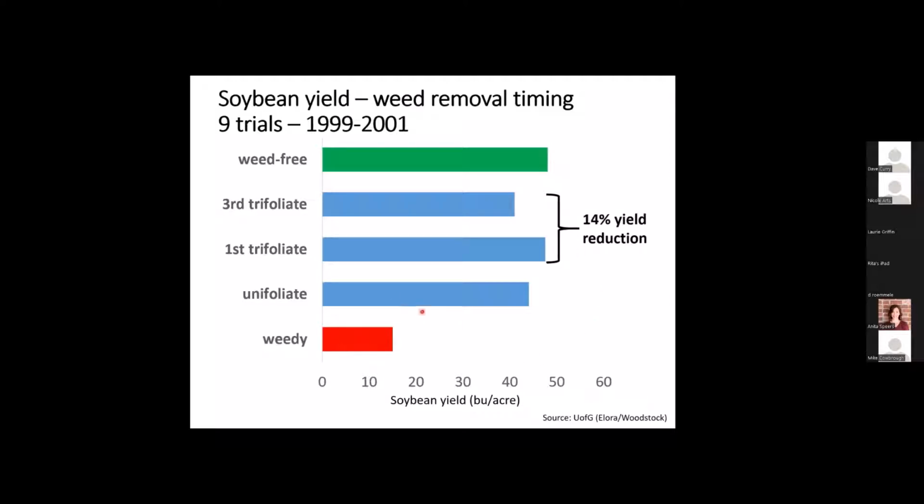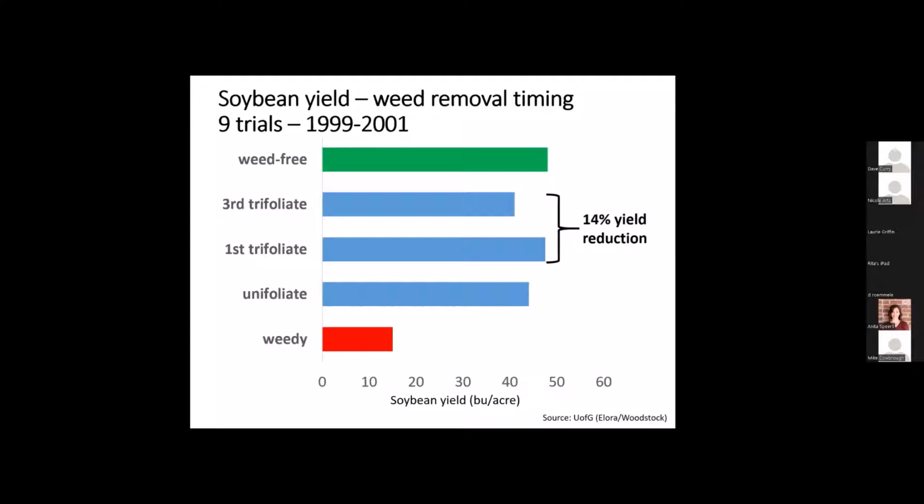But you'll notice that if we initiate control or weed removal at the first trifoliate stage, we are getting yields that are comparable to season-long weed control, right? But if we delay weed removal up until the end of that critical period, there's a 14% reduction in yield. And of course, there is a penalty also for being too early, although you could at least correct that. You can't get this back in terms of yield loss from weeds emerging during the critical weed-free period.